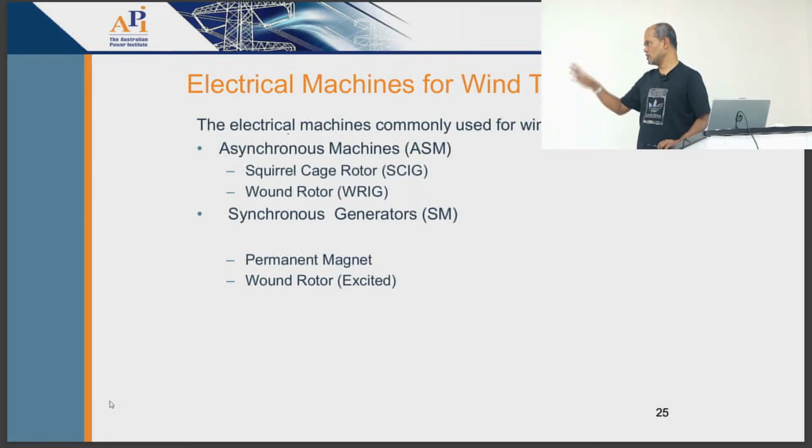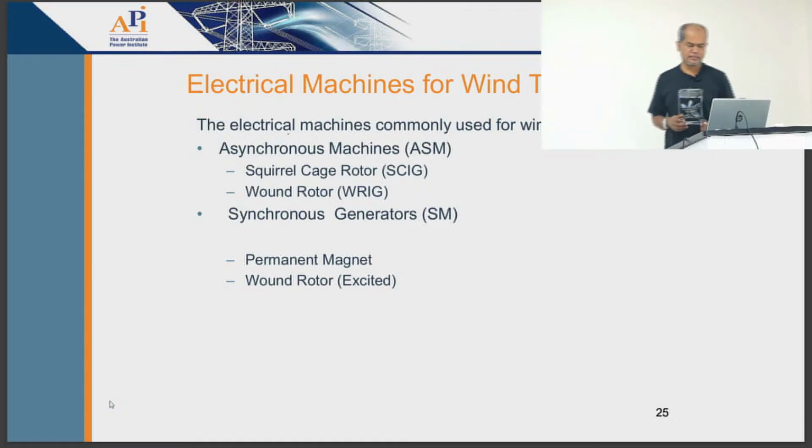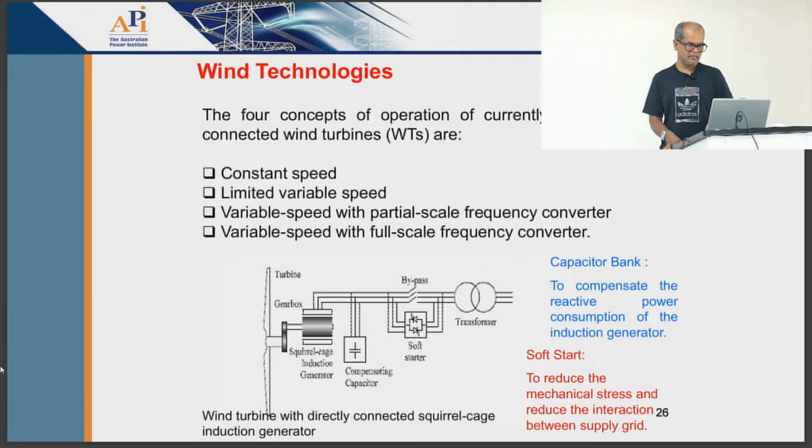Again, I'm not going to go into detail; you might know, or if any of you don't know, if you want to model a wind farm, you need to have some idea about both asynchronous as well as synchronous machines. And synchronous could be permanent magnet or electromagnet as well. Each of them has advantages and disadvantages, but for wind farms, the next generation ones are actually thinking of permanent magnet.